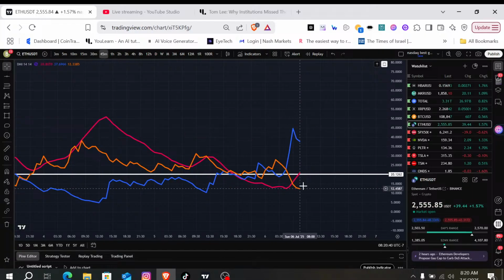Or when they're all tied below, there's a big move coming, like right here. So look, the blue is going up, the market is going up. The orange is telling you the market is going down, and red is the volume. So whatever goes above this white line is what's happening at the moment.